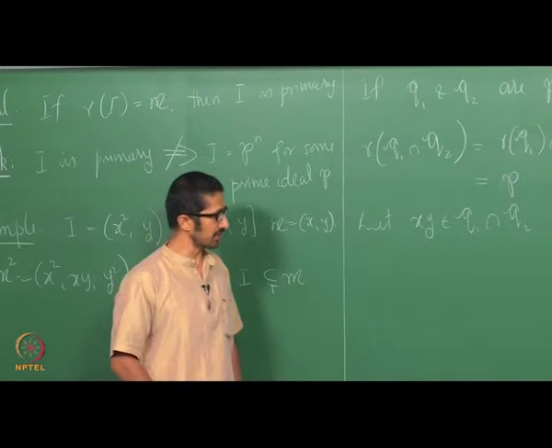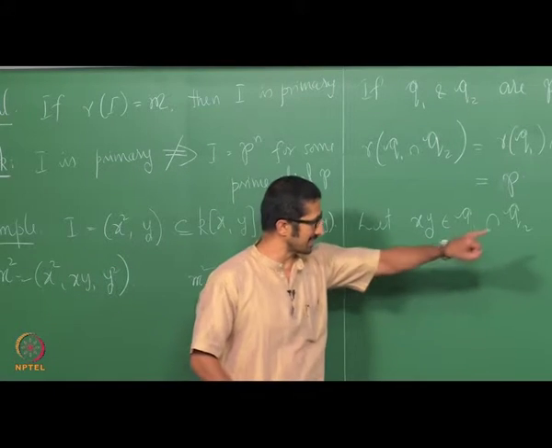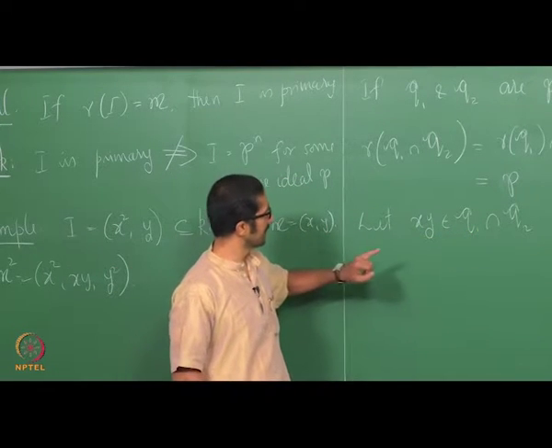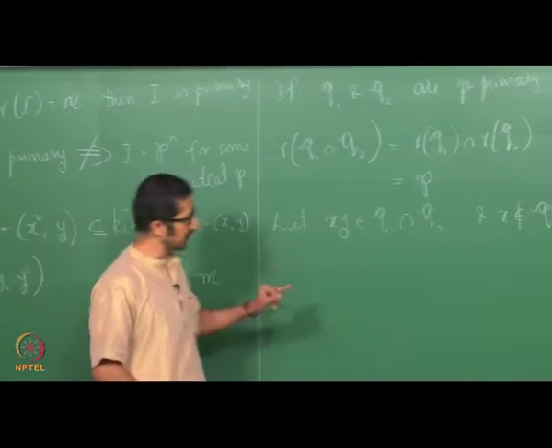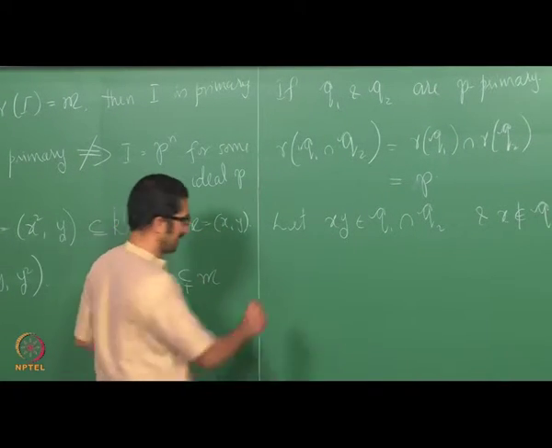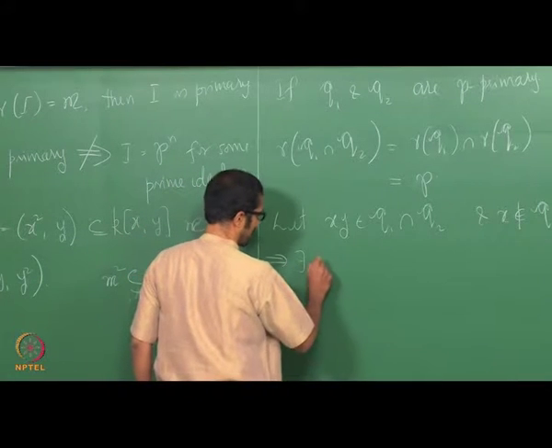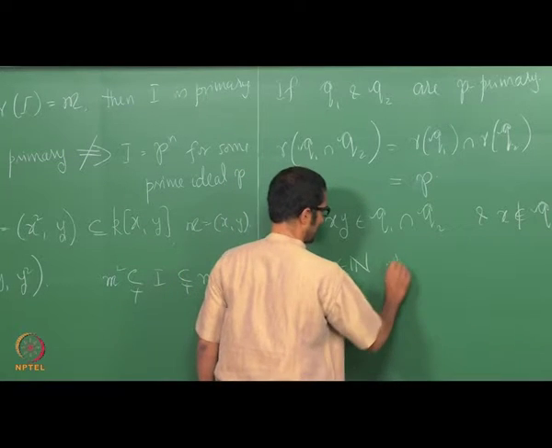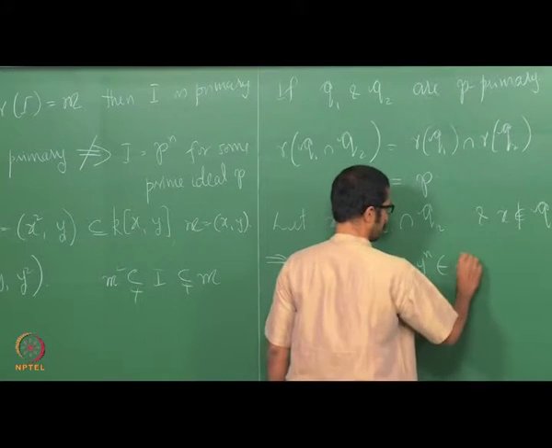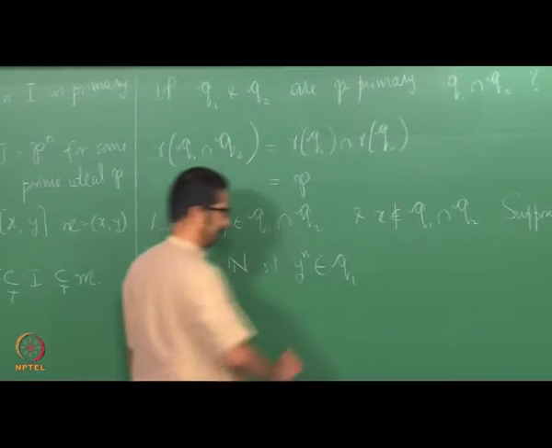So suppose x is not in q1. Now xy is in q1, x is not in q1 and q1 is p primary, and so there exists n in N such that y to the power n belongs to q1.